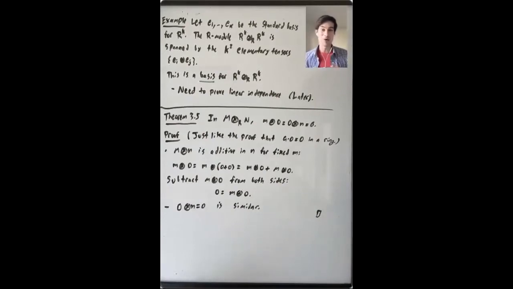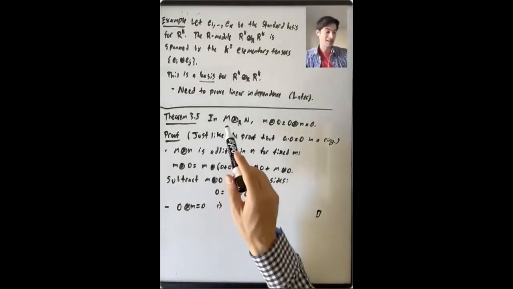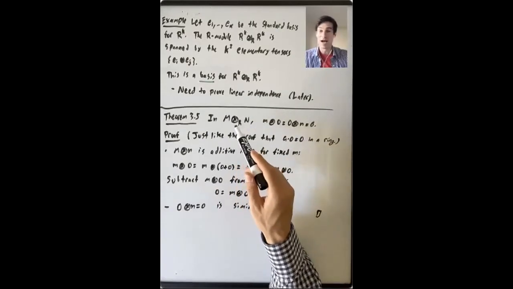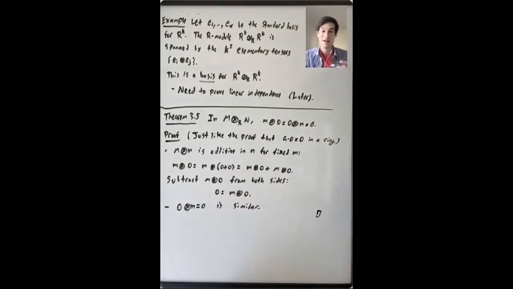So the last thing I want to do in this video is prove a simple result about tensor products. So we have these simple tensors, and we have some special elements in our ring R. For example, the 0 element.